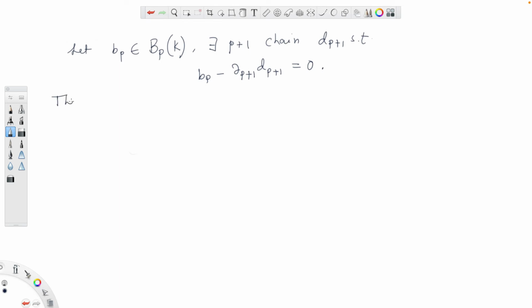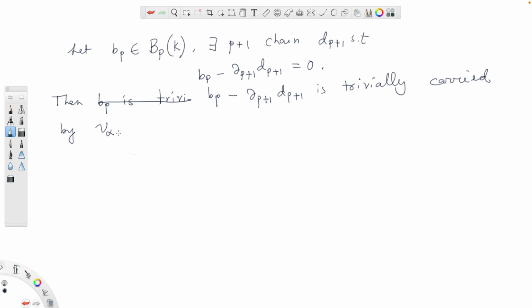Then, since this is 0, bp minus del p plus 1 dp plus 1 is trivially carried by V alpha 0.